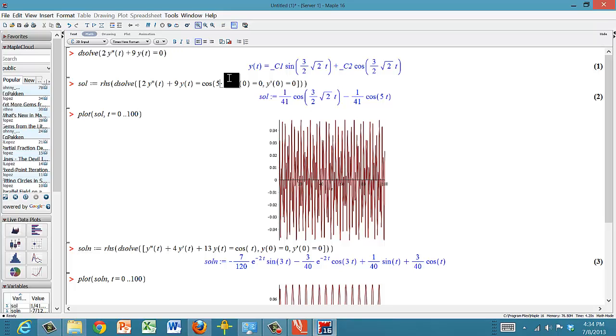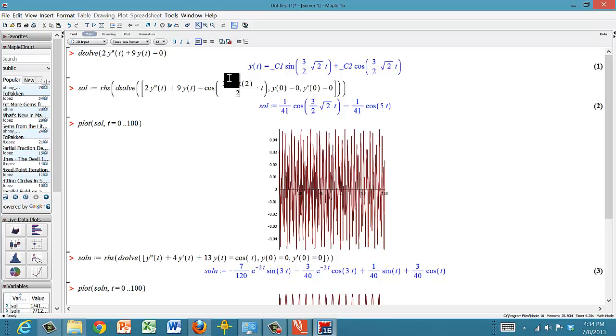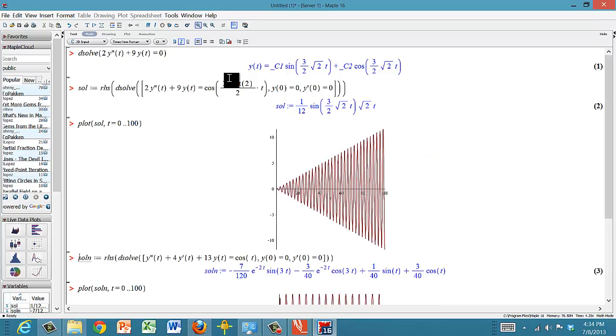But just as soon as I force this thing at the natural frequency and plot the solution, now we see an unbounded growth in the displacement of our mass. And we see that our solution changes a lot also.